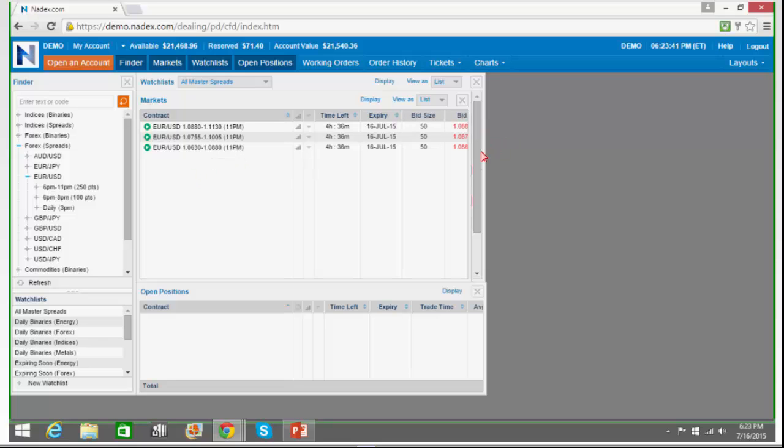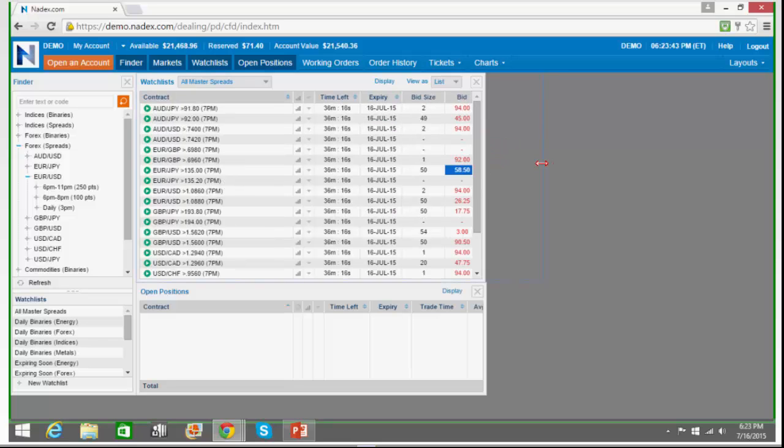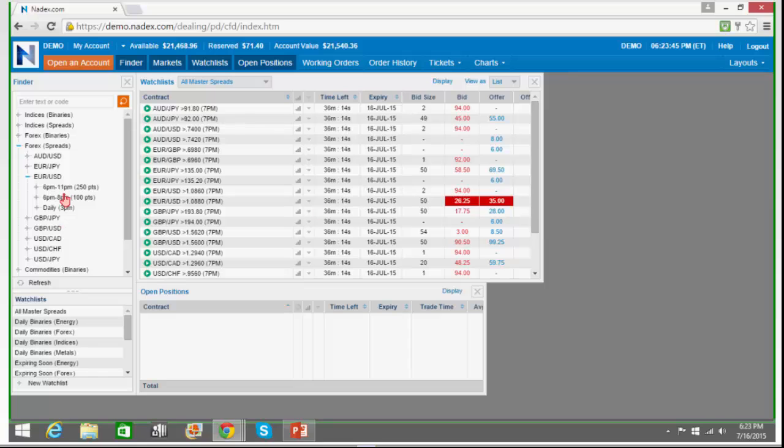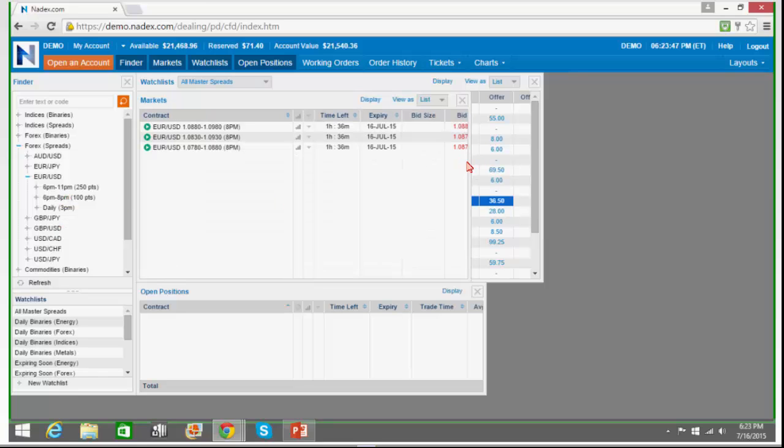Here's what happens. At 6 o'clock, for example, when these spreads opened up, and here at 7 o'clock Eastern Time, some more spreads will open up, like a 7 p.m. to 9 p.m. And then at 8, you'll have an 8 to 10. So there'll always be multiple spreads, and those will have different floors and ceilings.